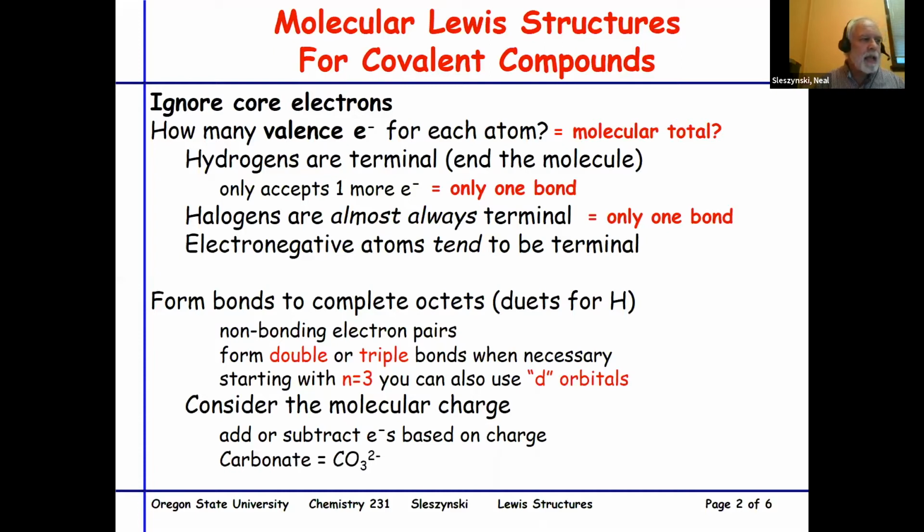So for instance, a carbonate anion, CO3 2 minus, has extra electrons. And you should be prepared to either add or subtract electrons from our valence structure based on those charges. Again, we'll see examples of that.